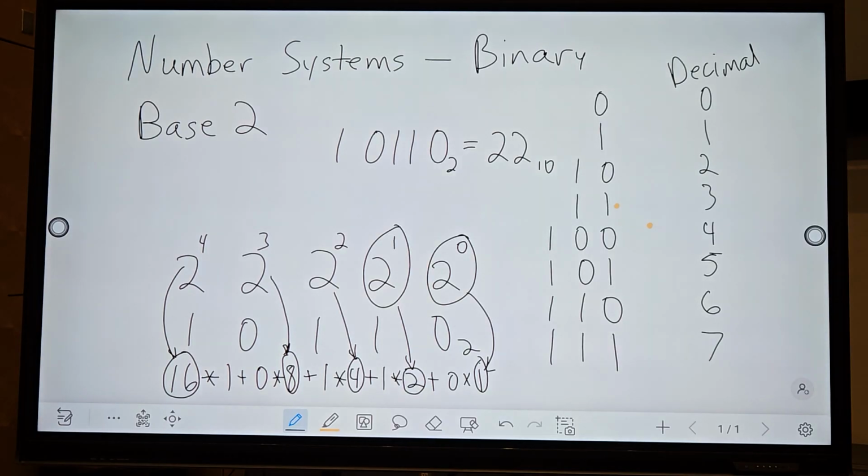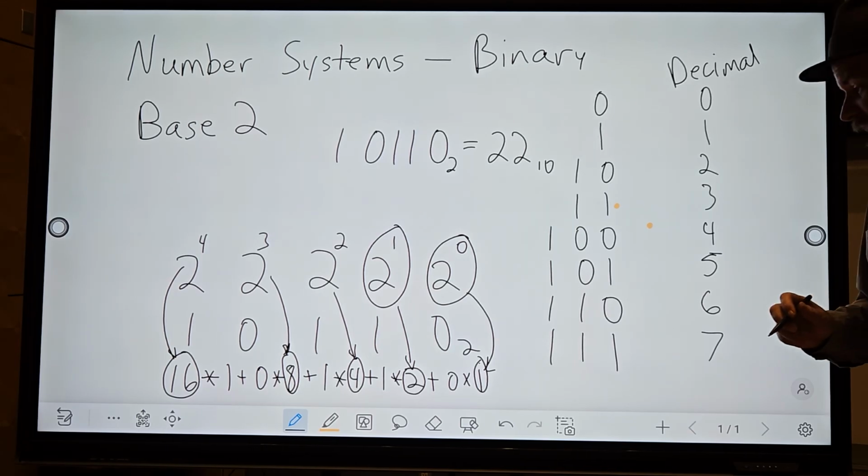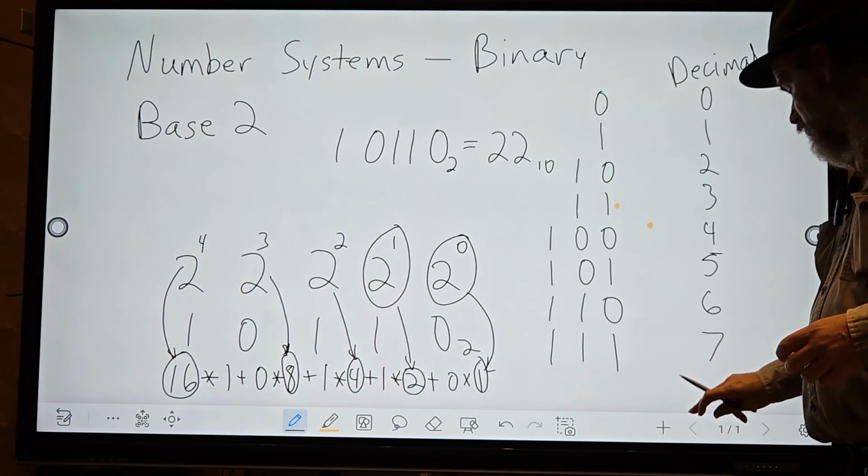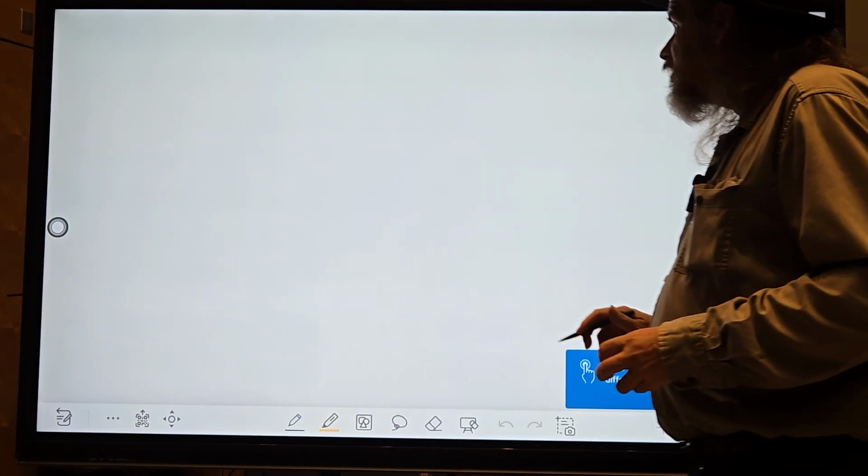I realize that for those of you that have had digital logic already, you probably have covered this material before. But to convert a number from decimal to binary, let's go ahead and give an example.